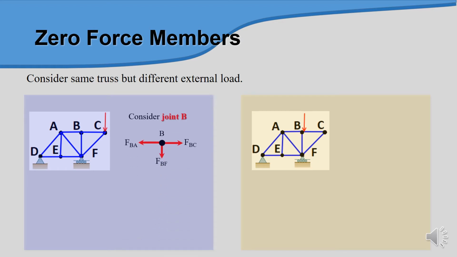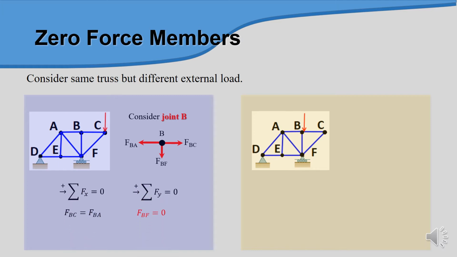So let's consider joint B. We have three forces acting on joint B. We have FBA to the left, and we have FBC to the right, and we have FBF in the downward direction.